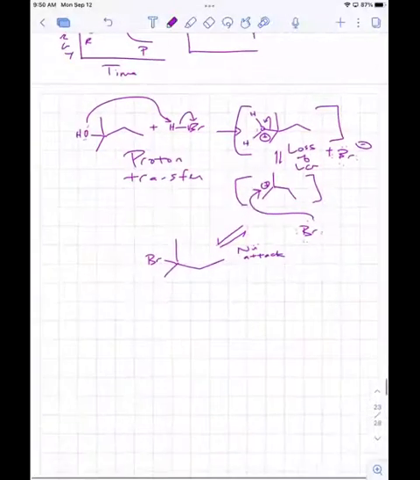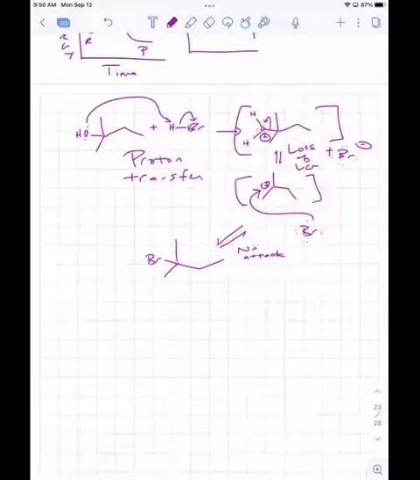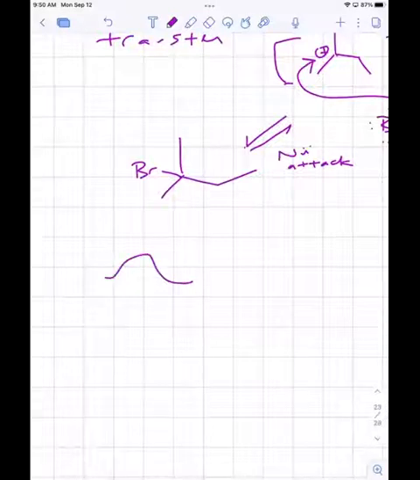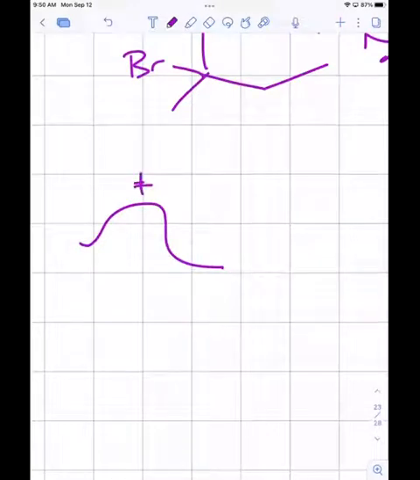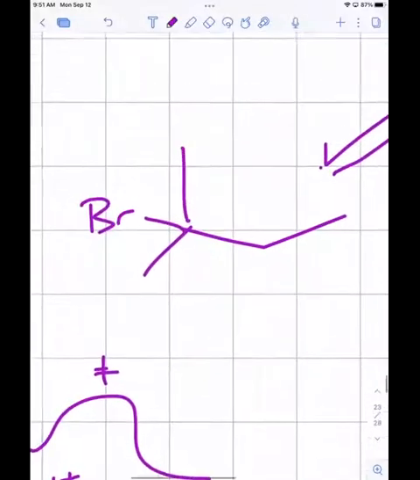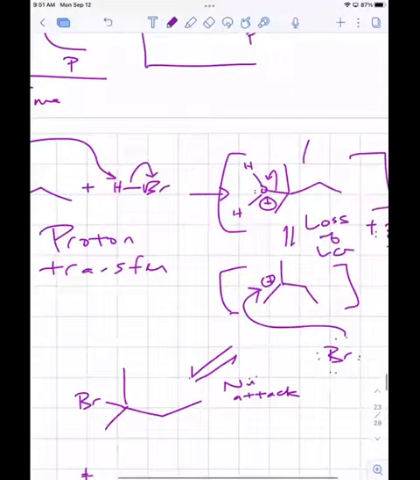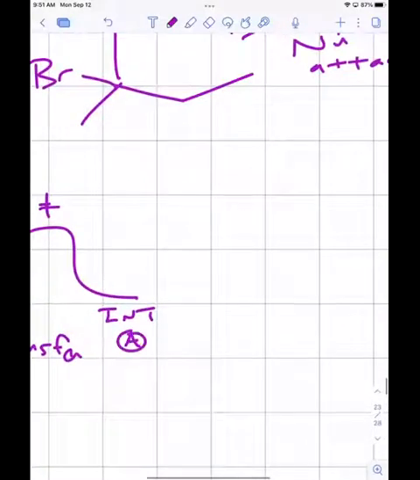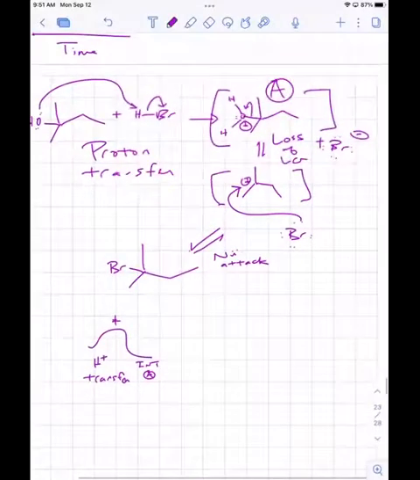Question is, what does the energy diagram look like for that? So the first step is going to be fast, really fast. Right, so this is the proton transfer step. And that's going to lead to the intermediate. We'll call it A. Intermediate A. The next step, loss of leaving group, is slow.